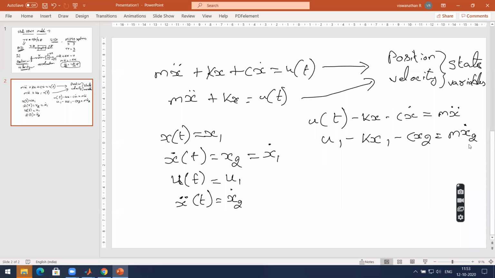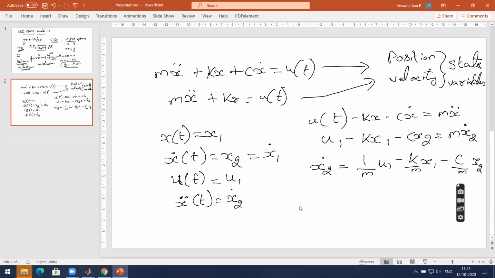So this is equal to m times x2 dot. So x2 dot will be equal to 1 by m into u1 minus k by m x1 minus c by m x2. Just divide by m.